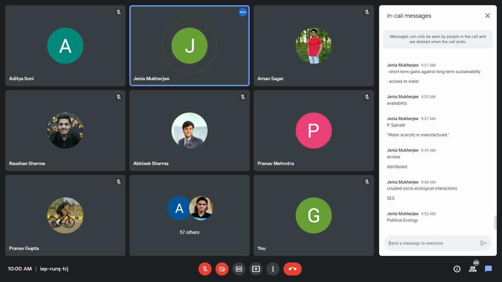Will that be fine? Yes, ma'am. So that anyone can recall, and anyone can go into that document before joining the next class on Monday. Aditya, is this fine for today? Yes, ma'am. Roshan and Pranav, it will be really good if you can send me the class highlights within a day or two. By Thursday possible? Thursday night? Yes, ma'am. Okay.